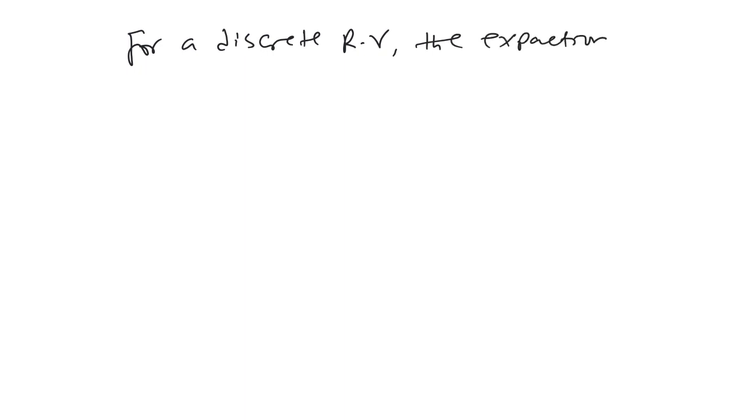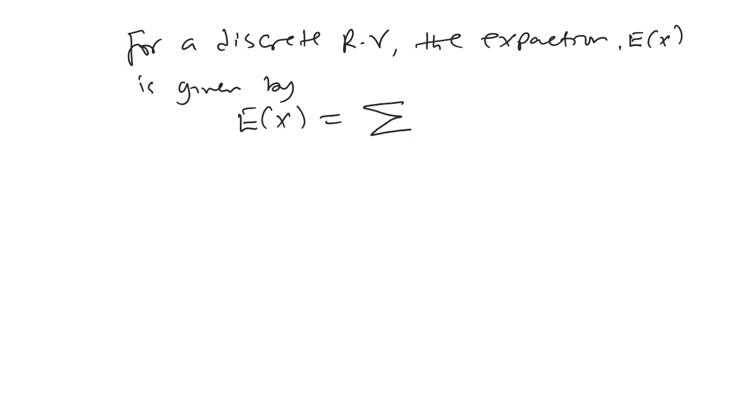We said that for a discrete random variable, the expectation, which we denote by E of x, is given by E of x equals the summation for all x values of x times the probability of x. You multiply x by the probabilities and sum the products for all the x values of the distribution.